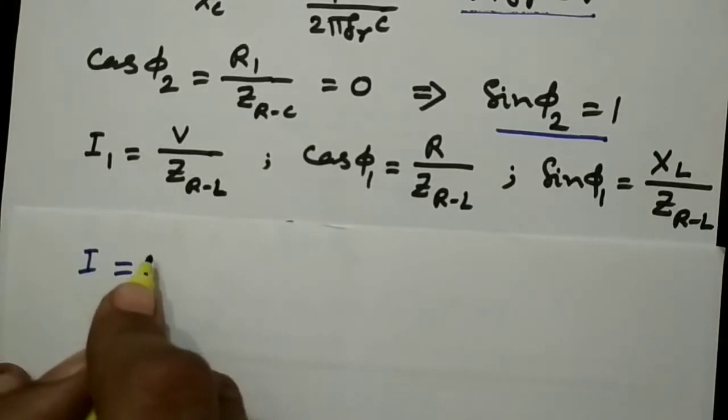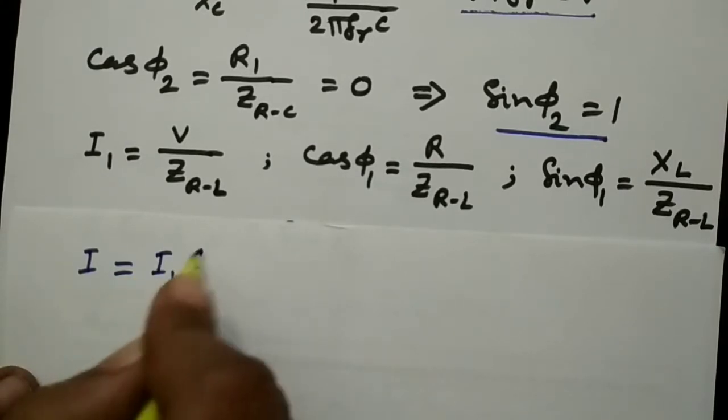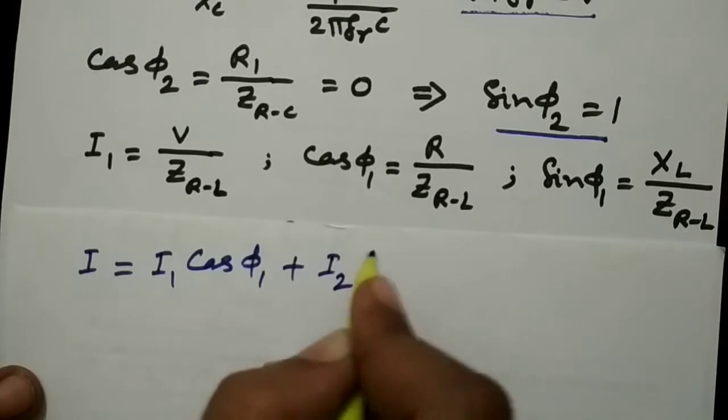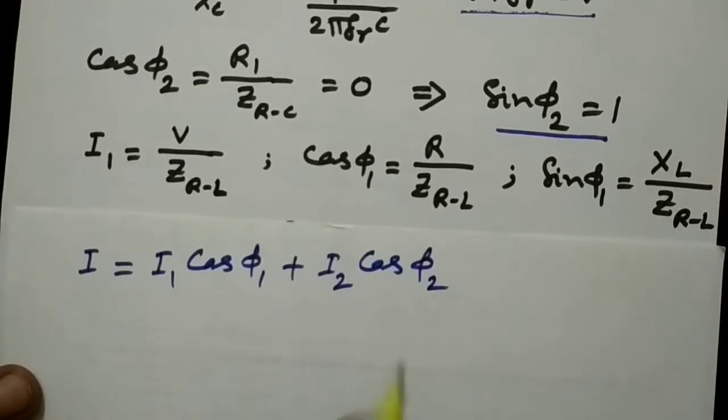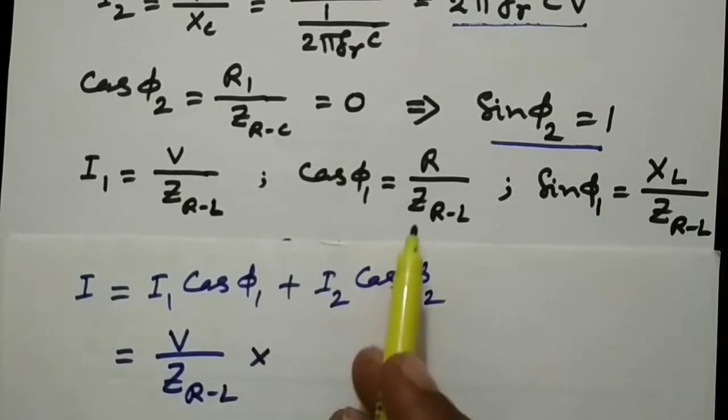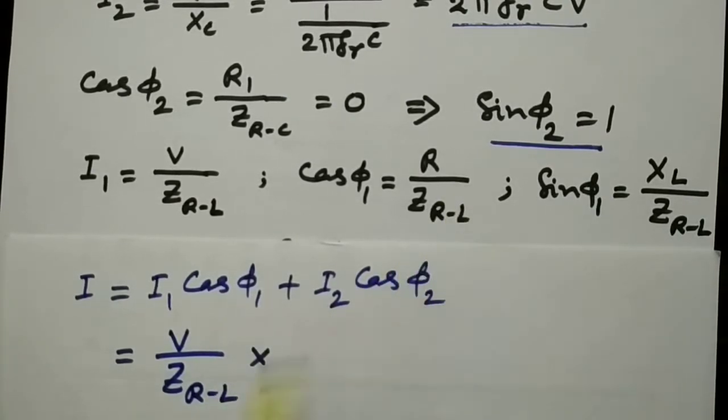I just write the expressions once again: I1 cos phi 1 plus I2 cos phi 2. Instead of I1 we can write V upon ZRL, and cos phi 1 is R upon Z of RL.